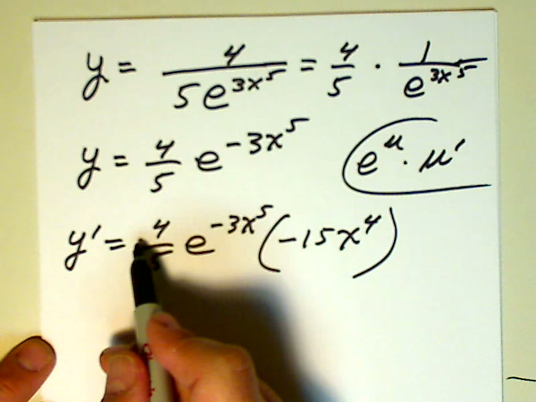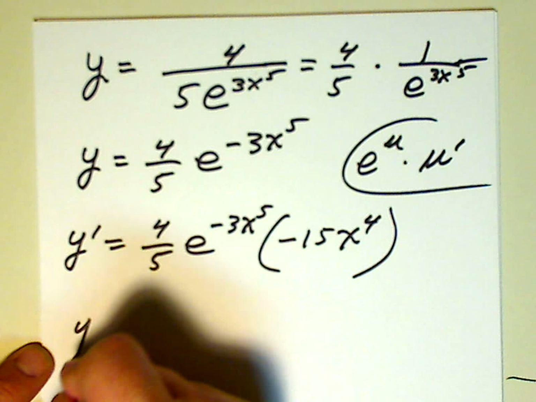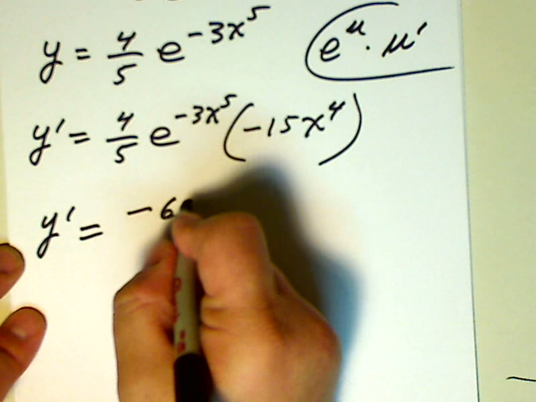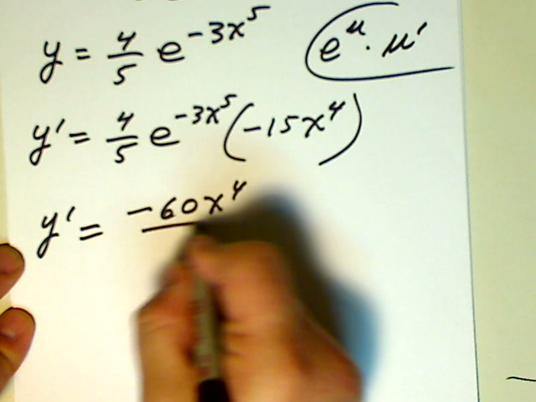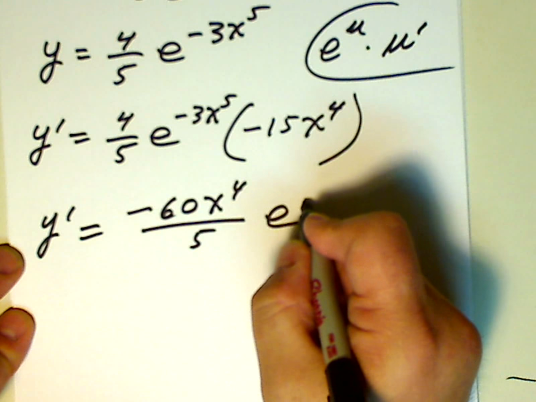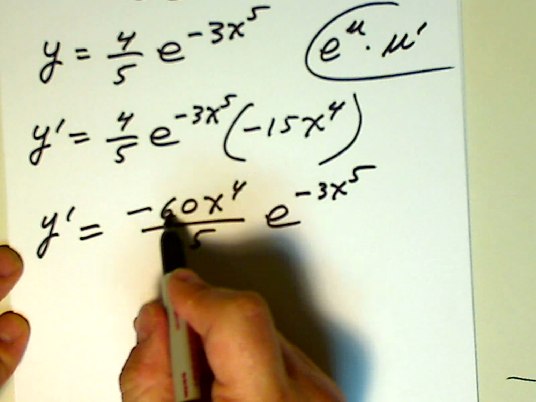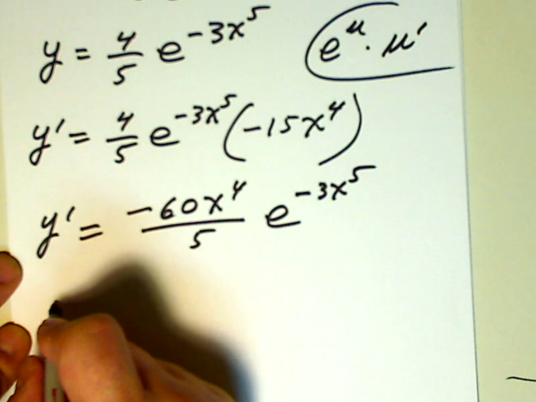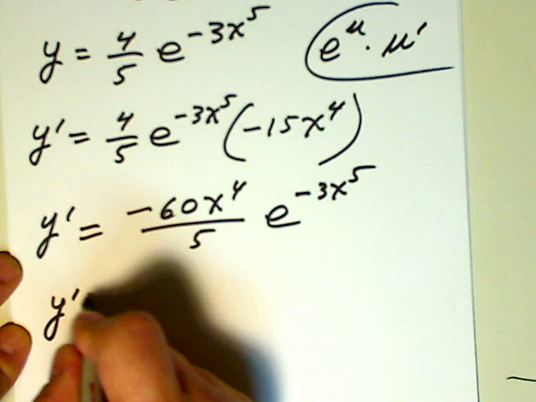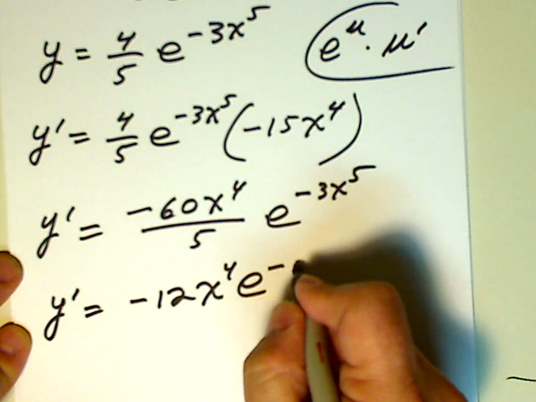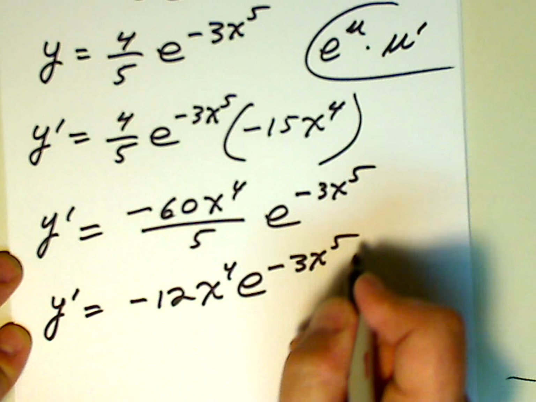So we're going to multiply this by 4/5. Y prime is equal to negative 60x to the 4th over 5 times e to the negative 3x to the 5th. 60 over 5 reduces to 12. So y prime is equal to negative 12x to the 4th, e to the negative 3x to the 5th.